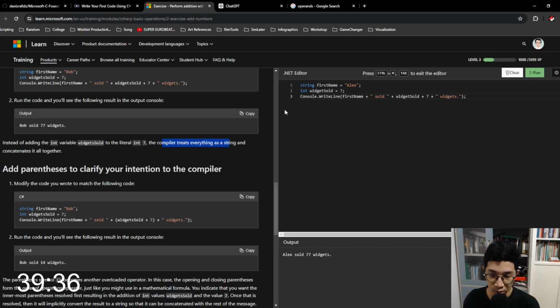Once you put a single string in, even if there are integers in that area, if it has a string on it, the compiler will treat that line as a string and will concatenate everything on that line. That's how it works. That's my understanding.